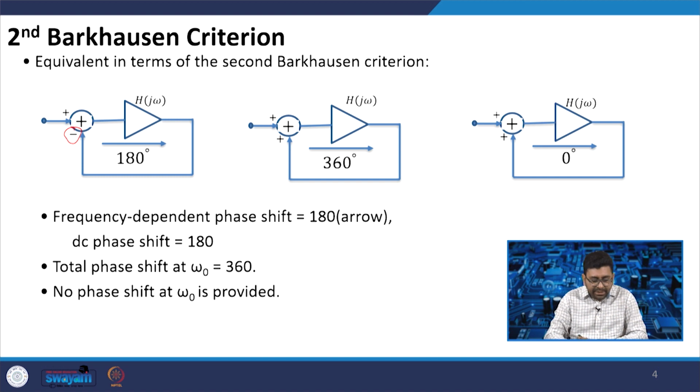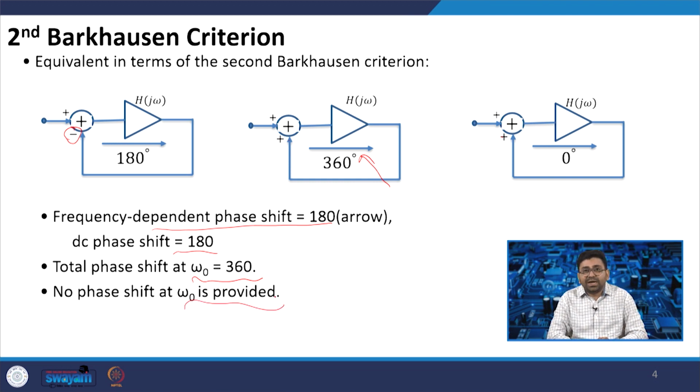So, as I told, there is a frequency dependent phase shift which is 180 degrees. This arrow is showing the frequency dependent phase shift, and this DC phase shift we can see here denoted at the adder. So, the total phase shift requirement is 360 degrees, and there is no phase shift at omega naught provided.